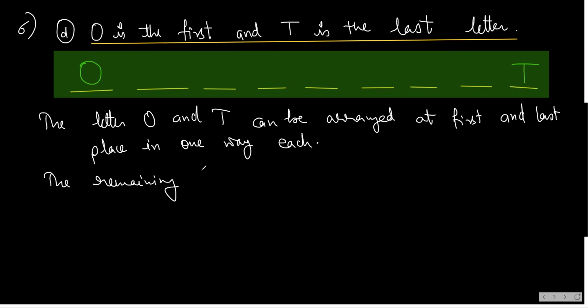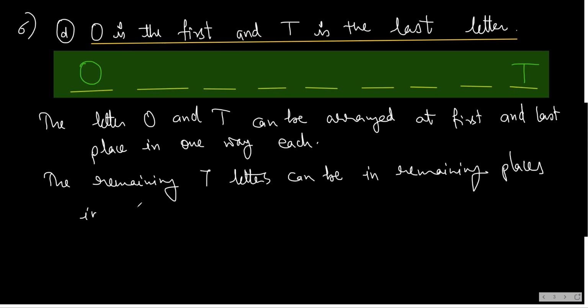The remaining 7 letters can be arranged in remaining 7 places. See, there are 7 letters and 7 places, so they can be arranged in 7p7, that is 7 factorial different ways.